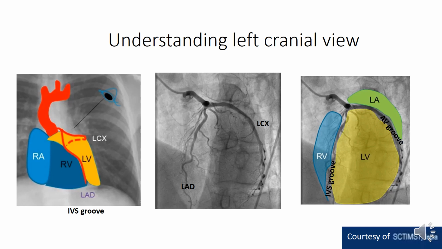Again, with chamber orientation, LED running in the interventricular septal groove, separating the right ventricle from left ventricle, and the circumflex vessel running in the AV groove, separating the left atrium from the left ventricle. As we told before, the cranial views give an excellent view of the mid and distal segment of LED.